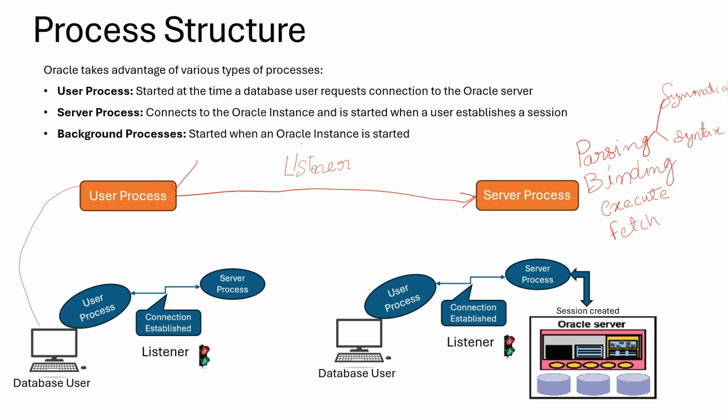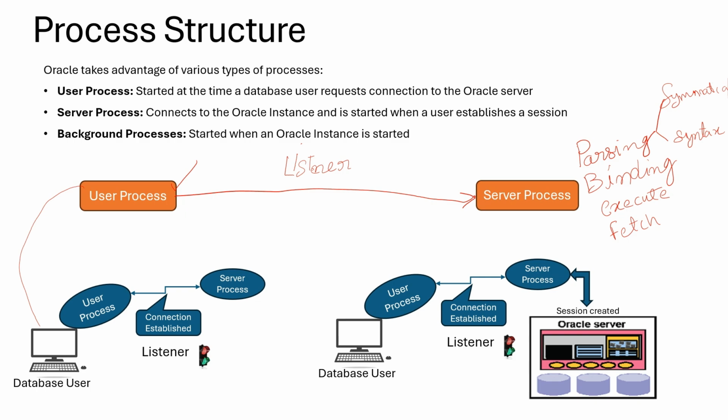Parsing. In this stage, the user process sends the query to the server process with a request to parse or compile the query. The server process checks the validity of the command and uses the area in the SGA known as the shared pool to compile the statement.